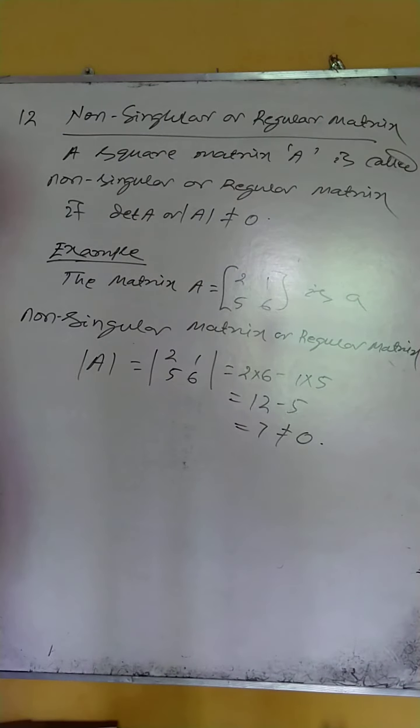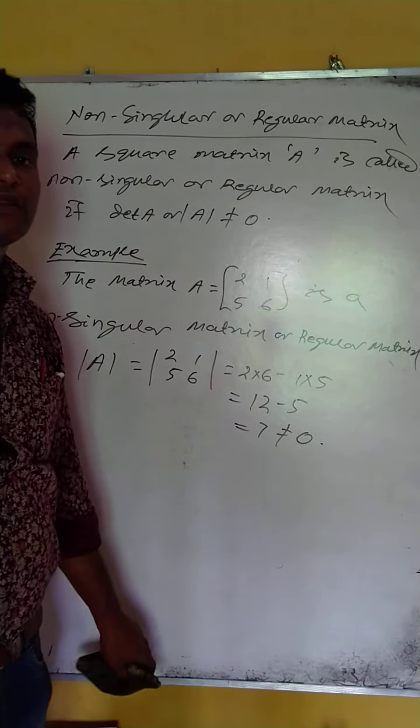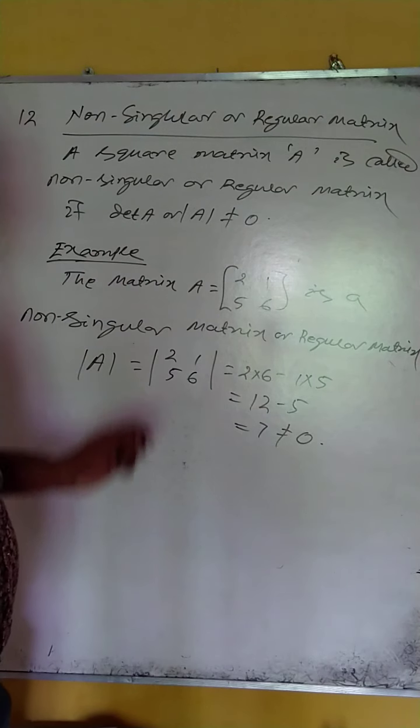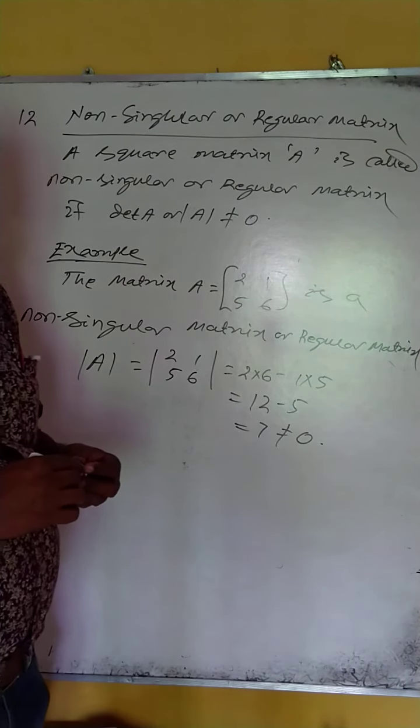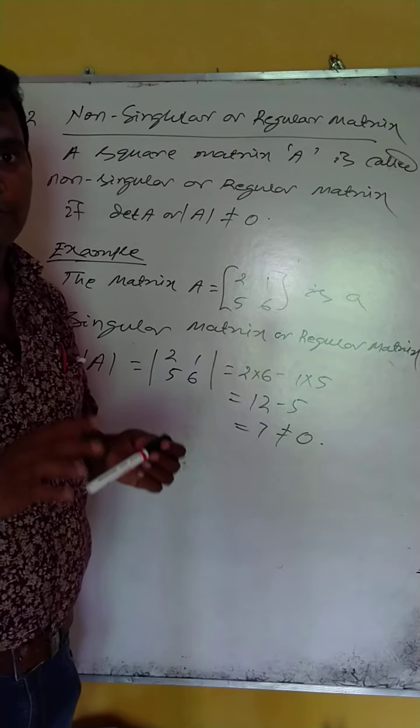Since the determinant value is not equal to 0, it is called a non-singular or regular matrix. Okay, next we discuss equality of matrices.